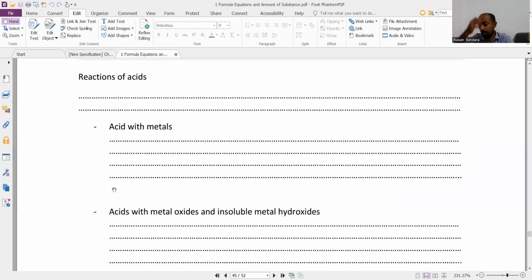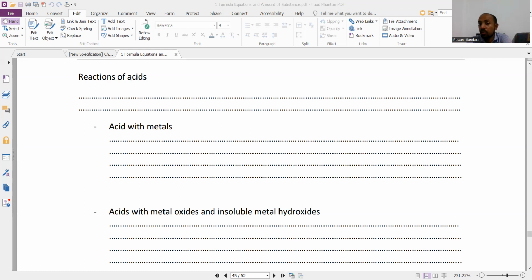Next one, reactions of acids. Most of the reactions involving acids, almost all of them, form salts.